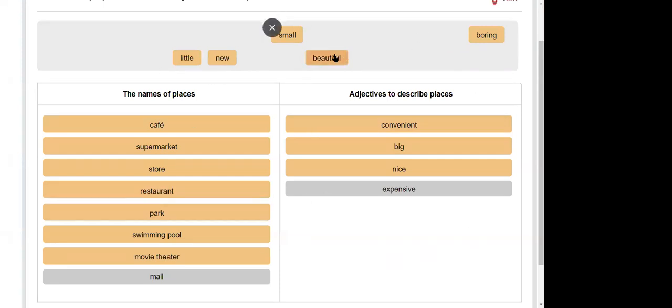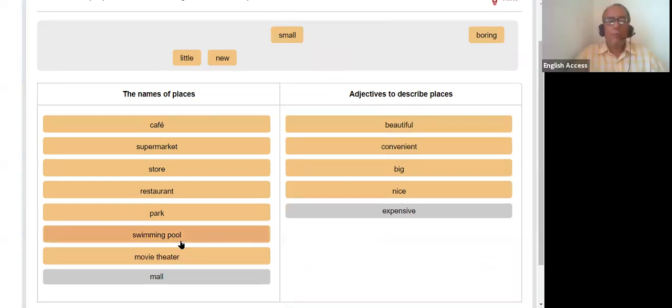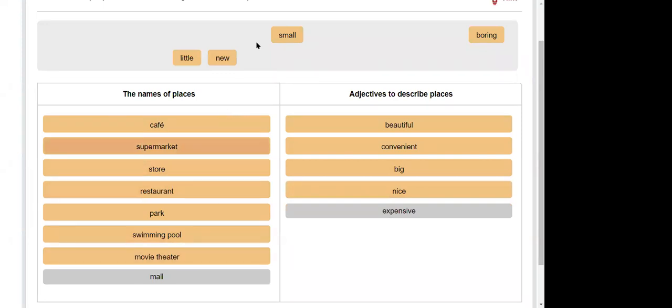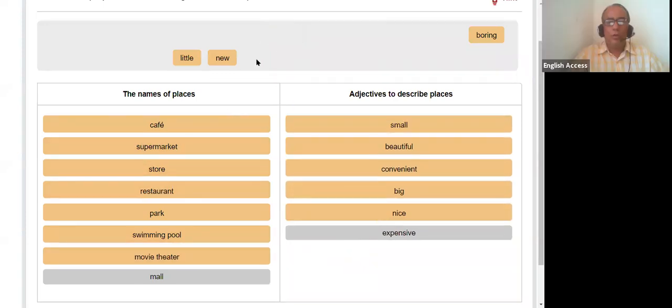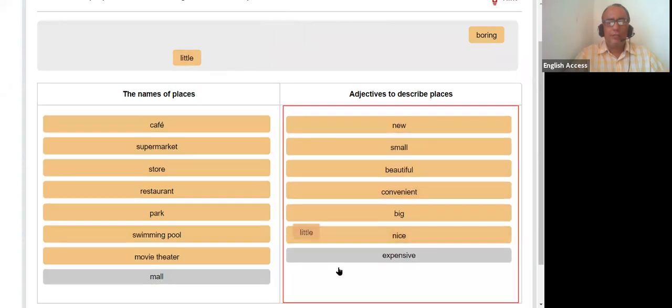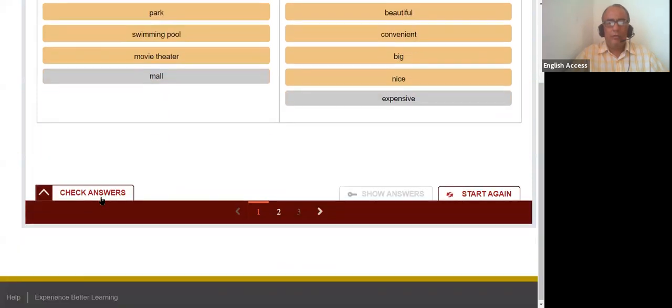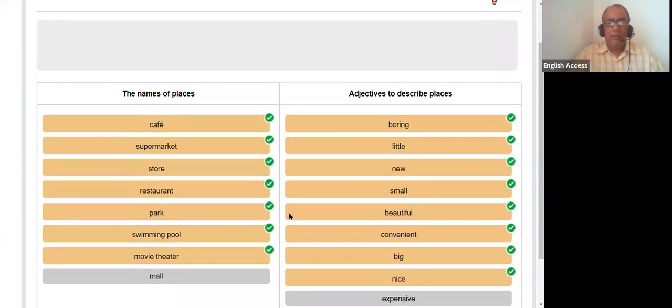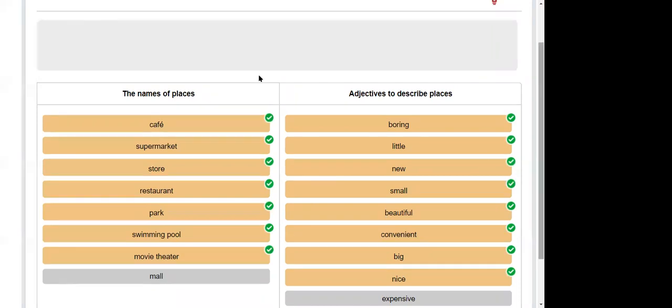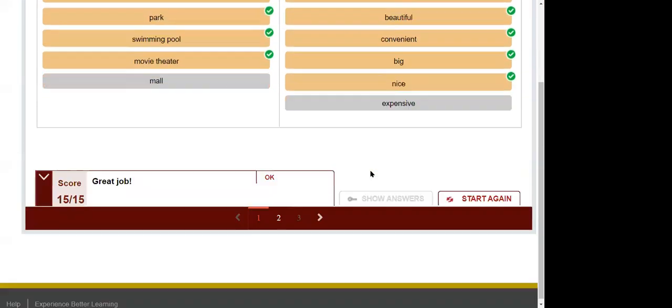Beautiful swimming pool. Creo que era beautiful también. Small. All these are adjectives. Vamos a ver si nos los pone o nos quiere poner en orden. No lo creo porque sobran. Mira, vamos a ver. Sí, no tiene nada que ver. Así que nada más era ponerlos en su lugar.